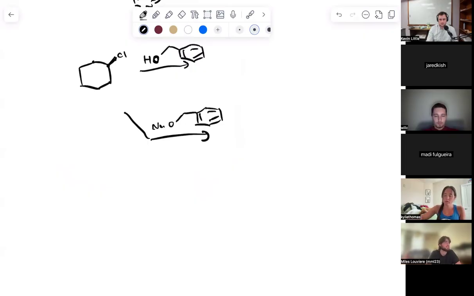You need to find a charge another way. No, not necessarily. I mean, I guess this is going to be an E1 or an SN1 because it's not charged. This one down here, there is a charge because there's a metal. So it's going to be an E2 or an SN2 right off the bat.